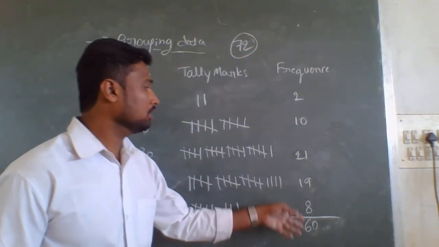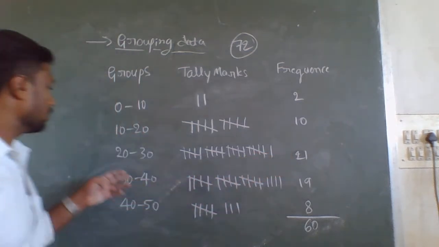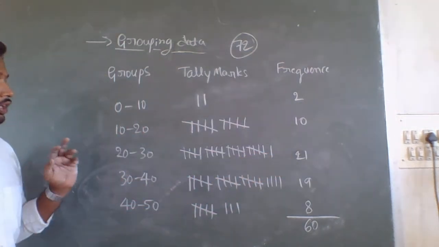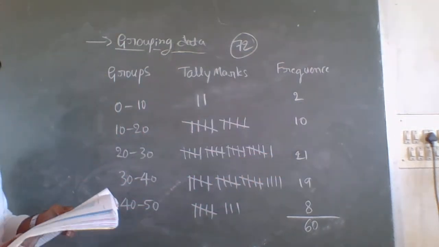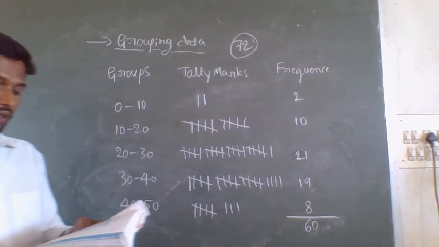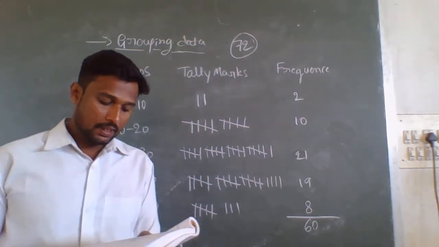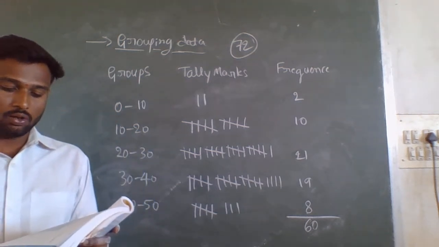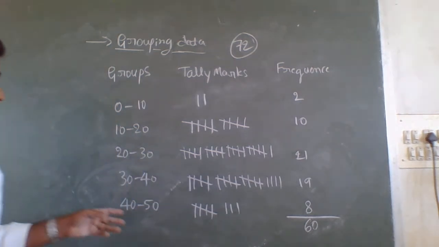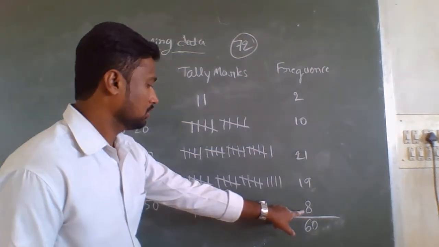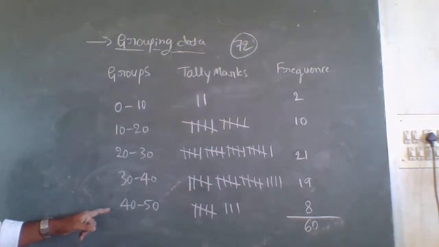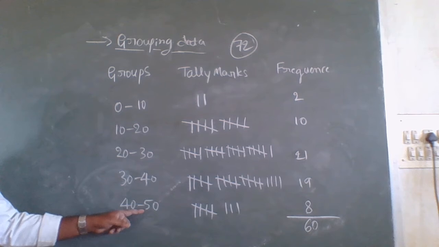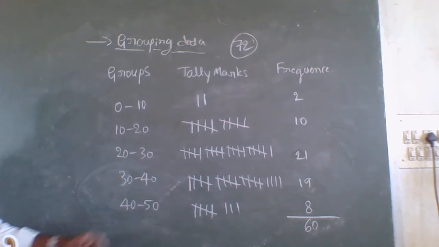Out of 60, 40 students scored marks from 20 to 40. Therefore, most of the students have scored between 20 to 40. 8 students have scored more than 40 marks out of 50, here 8 students scored 40 to 50 out of 50 marks.